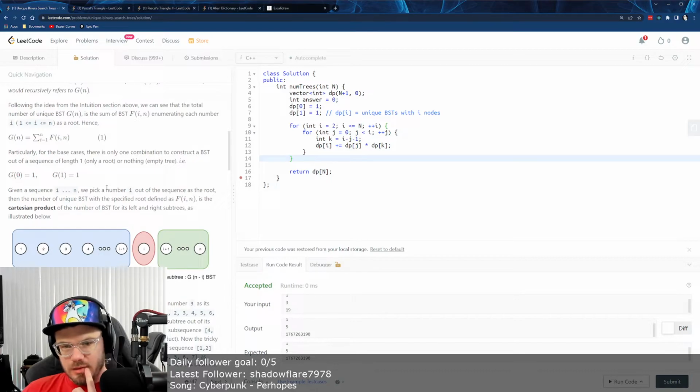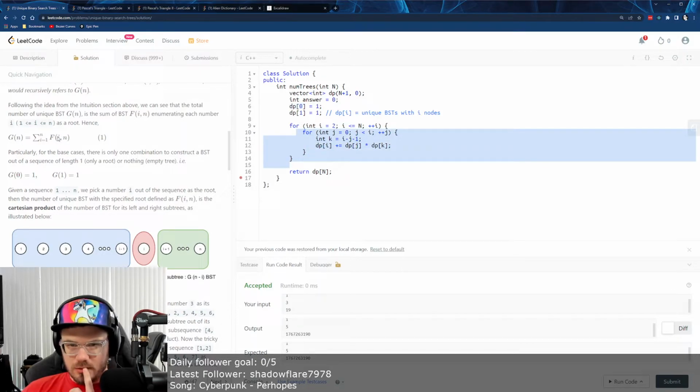Yeah, so in our case, the DP array is G of n. And then our for loop is iterating through all the F of I in n.